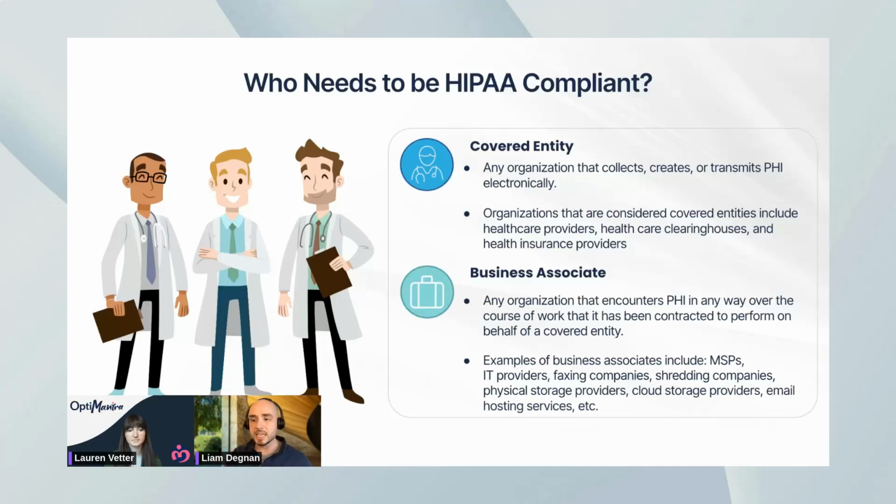Requirements as it concerns BAs are very similar to the HIPAA requirements for covered entities. It's just that because they're not actually treating patients, the application of these rules looks a little bit different for a BA or a CE. So hopefully for some of you, those basic definitions give you some clarification.